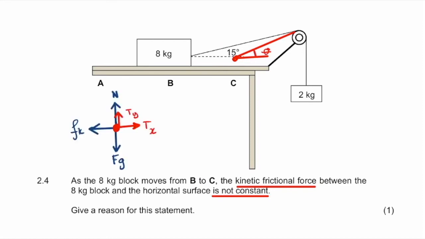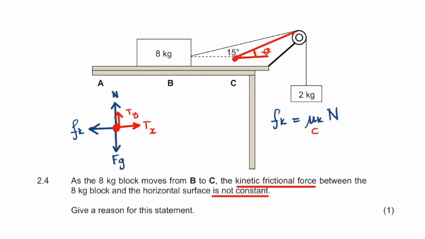When we want to talk about kinetic frictional force, remember, you would have worked that out with mu k times the normal force. And that mu over there is determined by the smoothness of the surface. Now, in this instance, they changed only the angle there. They did not change the surface. So mu is going to be a constant.